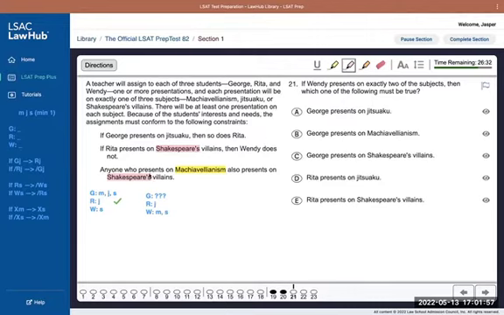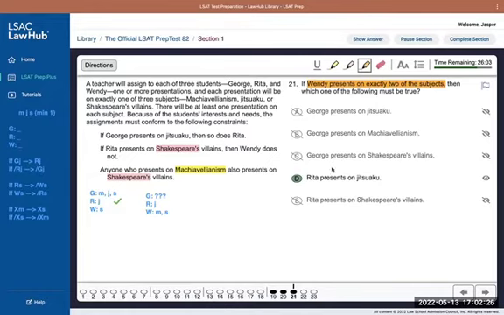But looking at this right away, I know that this question-specific condition, if Wendy presents on exactly 2 of the subjects, is not going to cause a chain reaction where it must be true that George does anything. George is open-ended at that point. It's also not going to create a condition where R has to present on S, because that doesn't have to be true just based on this one example.